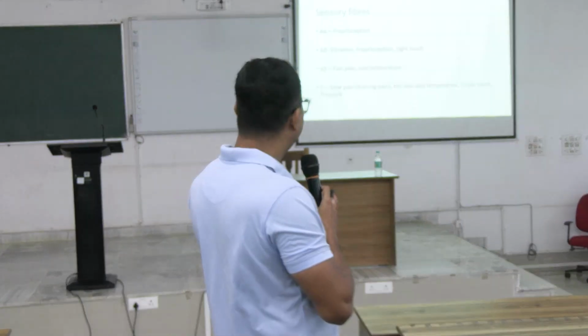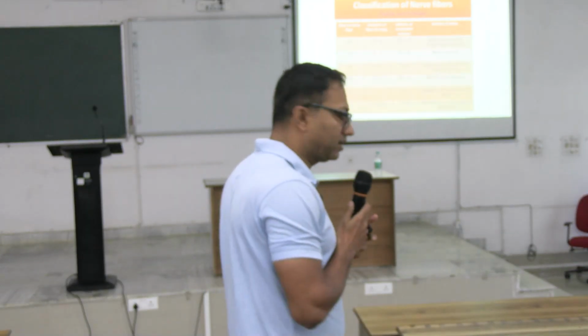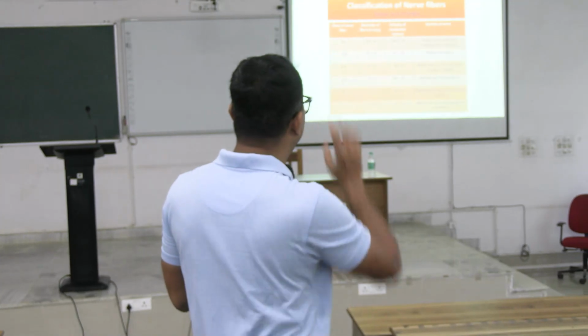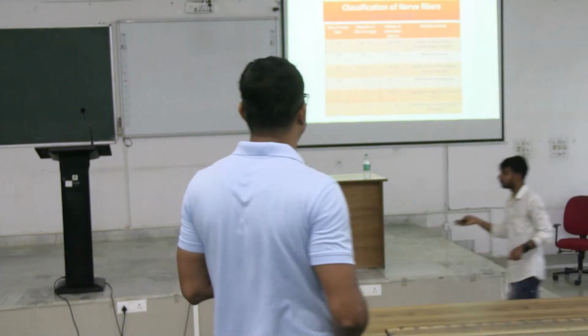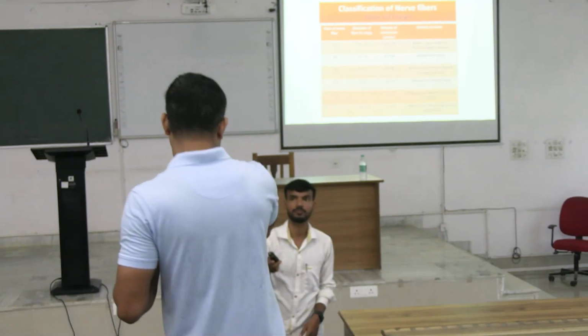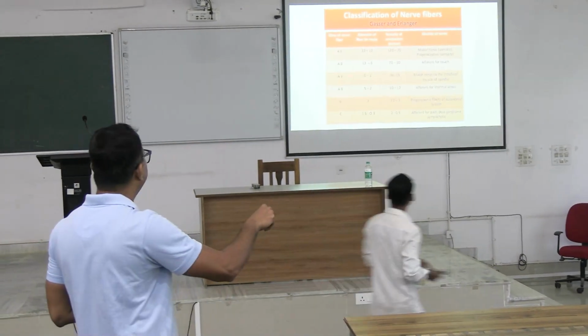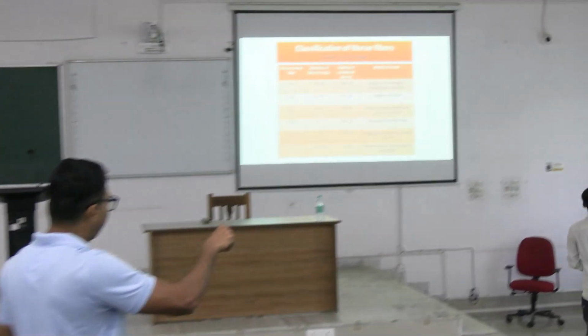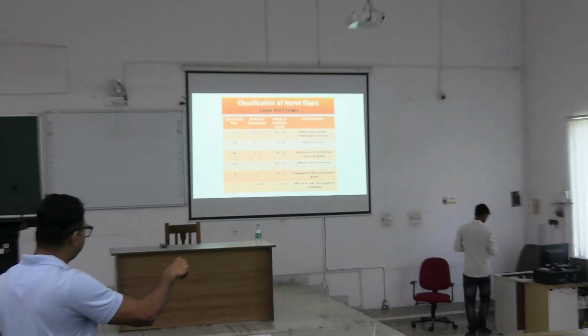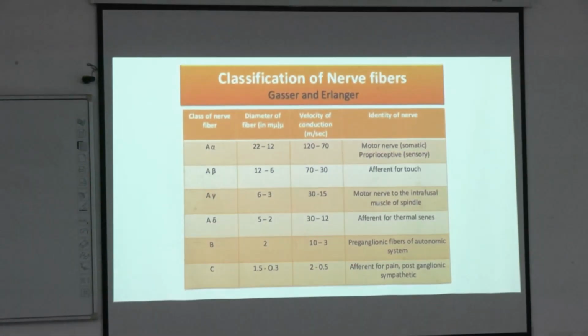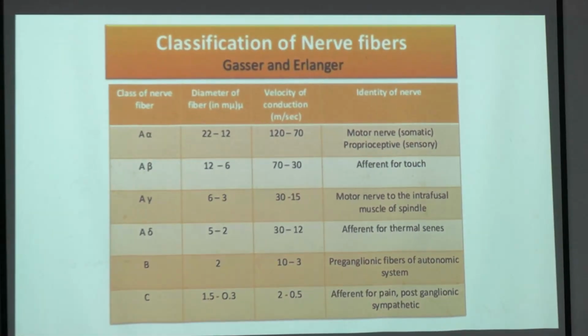The A alpha fiber's diameter is 22 to 12 micrometer, so the thickest, and C is 1.5 to 0.3 micrometer, the thinnest nerve fiber.